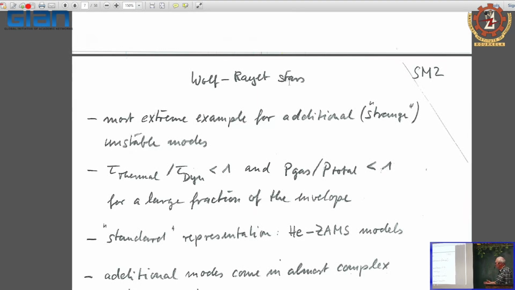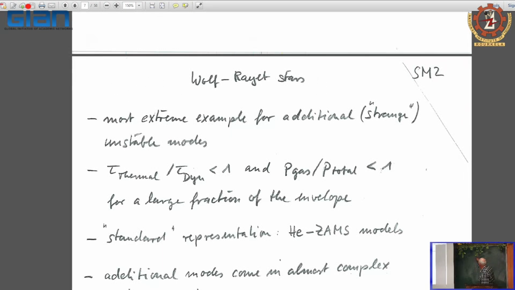So putting a star with no hydrogen and essentially helium, carbon, and oxygen on the position where helium is just ignited at the center defines the helium 0H main sequence, and the helium 0H main sequence has as a parameter the mass.